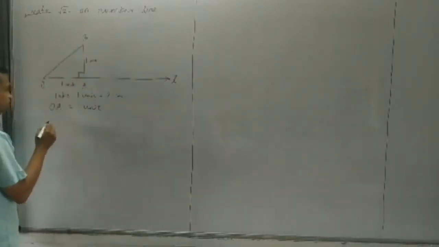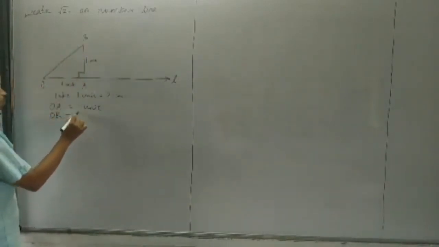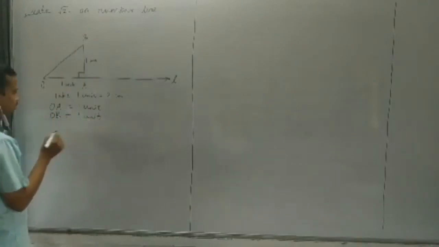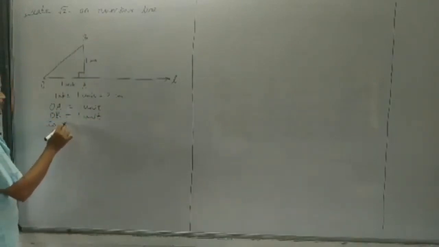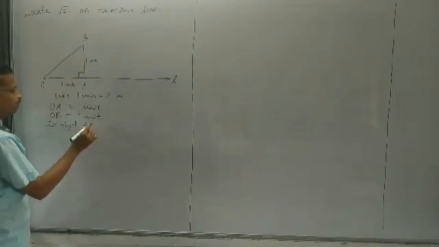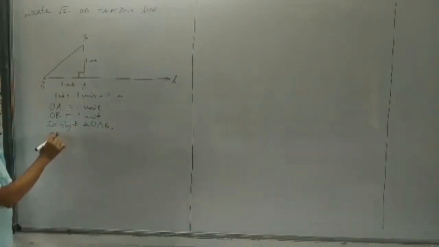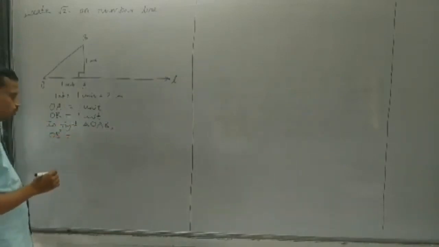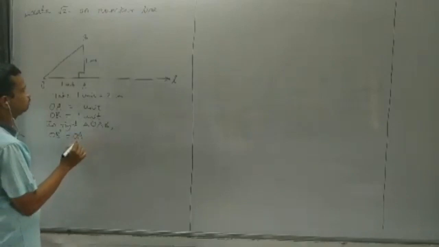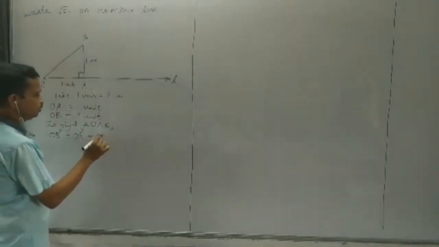And now in right triangle OAB, OB square, I think you know what I am doing, right? What theorem I am applying here. OA square plus AB square.